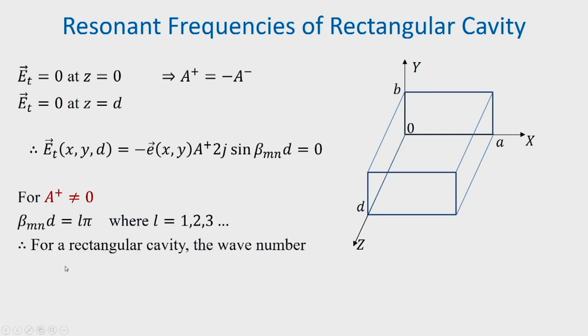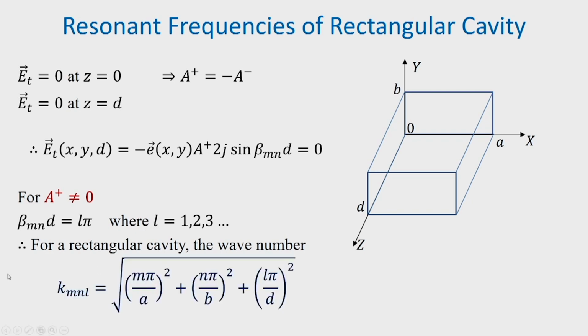and therefore, for a rectangular cavity, we can write the wave number k_mnl as square root of (m pi by a) whole squared plus (n pi by b) whole squared plus (l pi by d) whole squared.